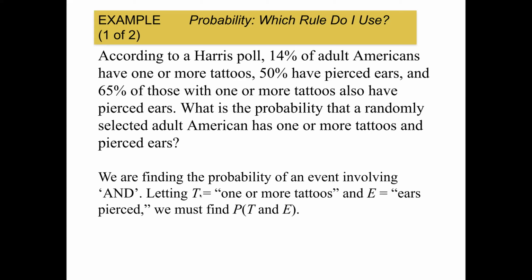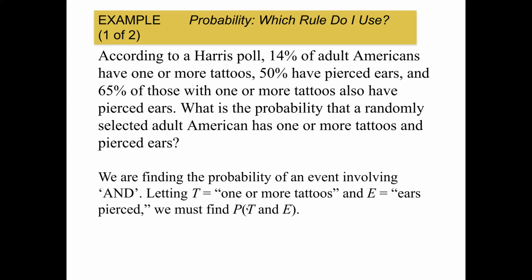All right. So if we let T be one or more tattoos, and E meaning ears pierced. What we're asking for is the probability that a randomly selected adult has one or more tattoos, T here, and pierced ears, E here. So we're finding P of T and E. If we go back to the table, we know this is not a single event anymore.